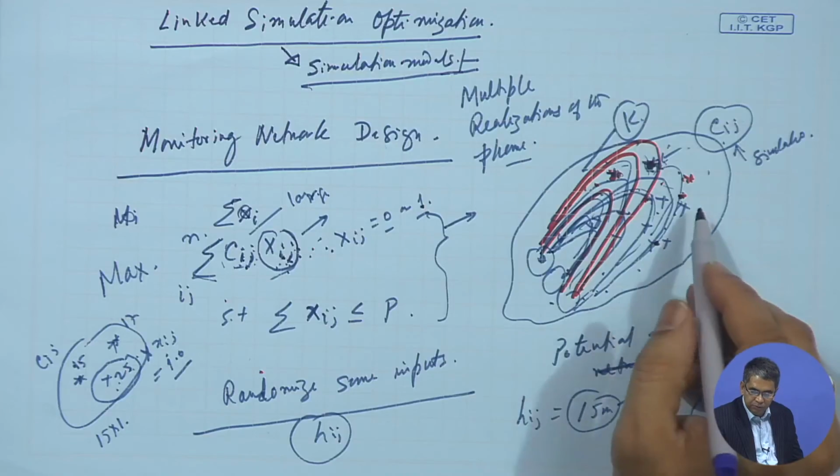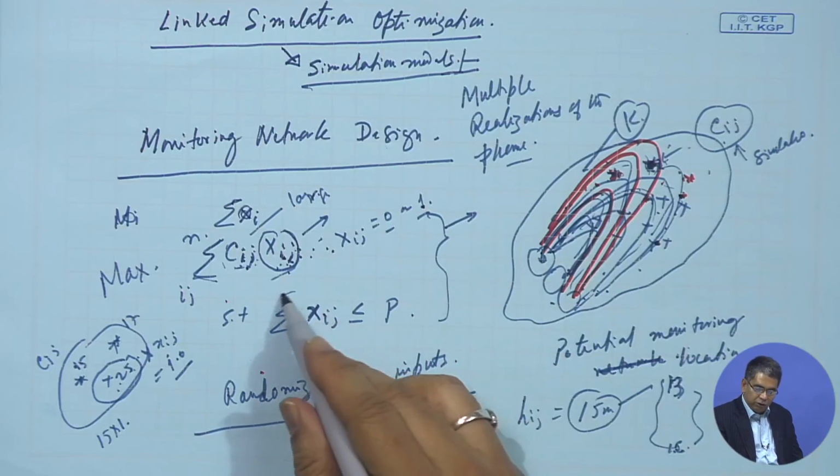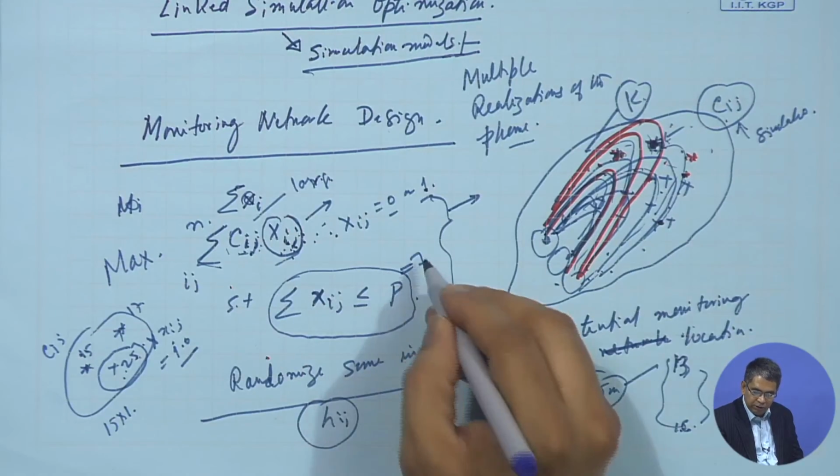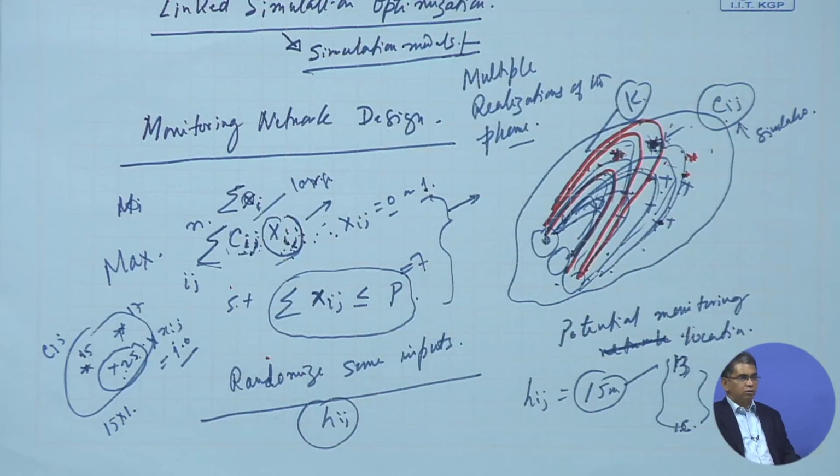How does it help? Now if I put a constraint on the number of monitoring locations, say p equal to 7, I don't have budget for drilling more than 7 wells, so I will only take 7. How do you choose?